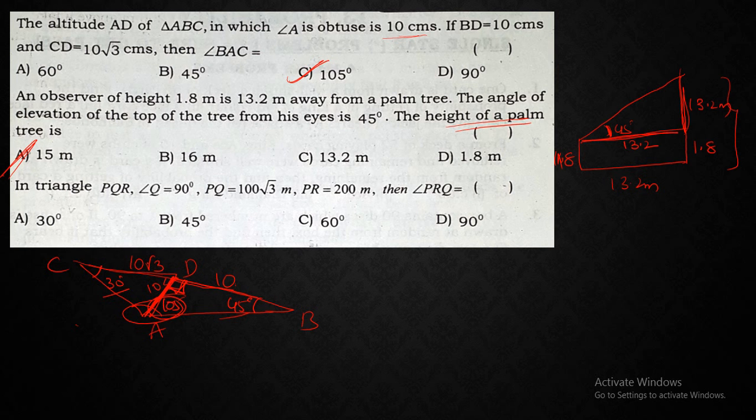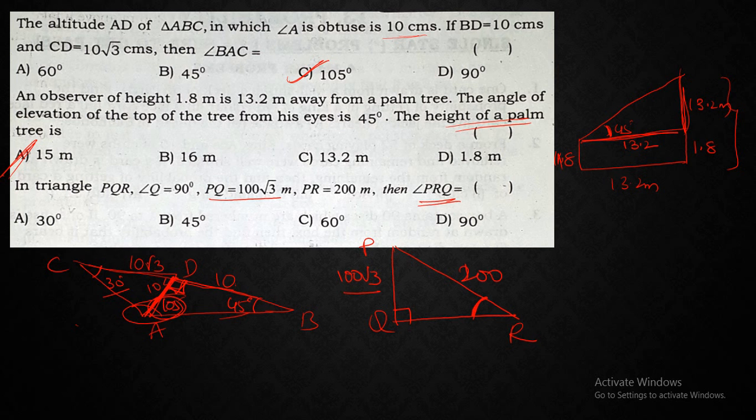Next, in a triangle PQR, angle Q is equal to 90 degrees. So there is a triangle PQR where angle Q is equal to 90 degrees. PQ is equal to 100 root 3, PR is equal to 200. Then what is angle PRQ? PRQ means this angle is what we are asked to find.